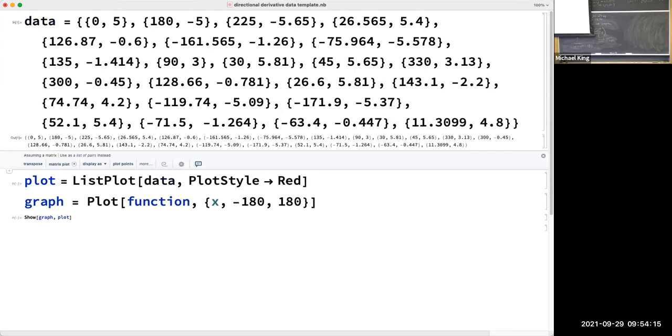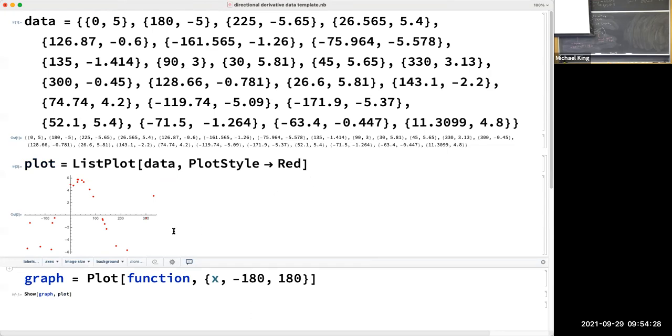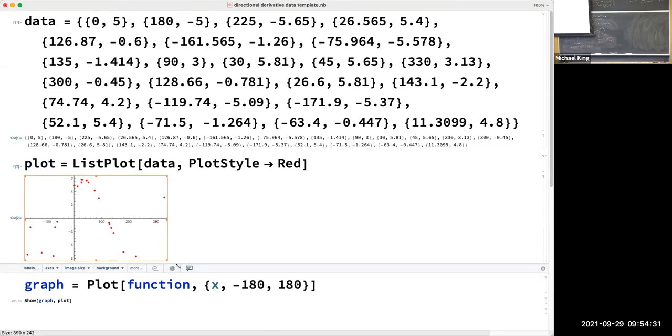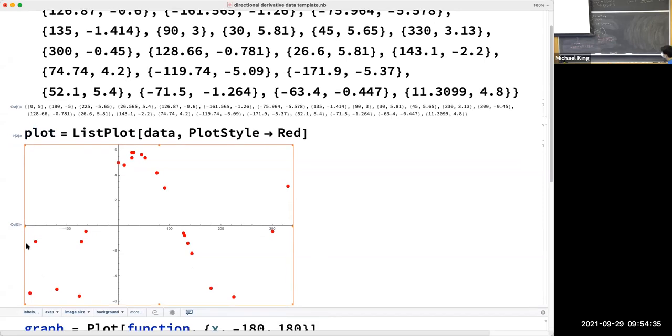So you've given me a bunch of data. Let's hope you computed things correctly. And let's see what the data tells us. You ready for me to plot it? Okay, there's some weird stuff going on over here. There's some maybe inexact stuff going on over here. But, oh my God, some of these points are bad. What did you do?